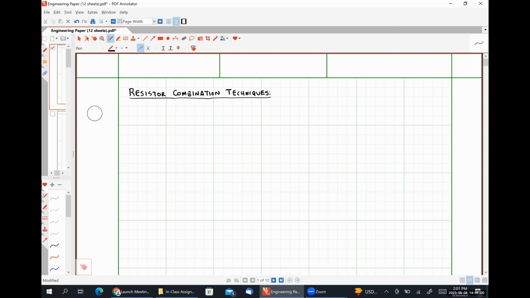Okay. So the first thing that we're going to look at is resistors in series. Let's say that we have the following, where we have some resistor R1 in series with some resistor R2 in series with several more resistors until we come to some resistance, which I'm going to label Rn, like so.